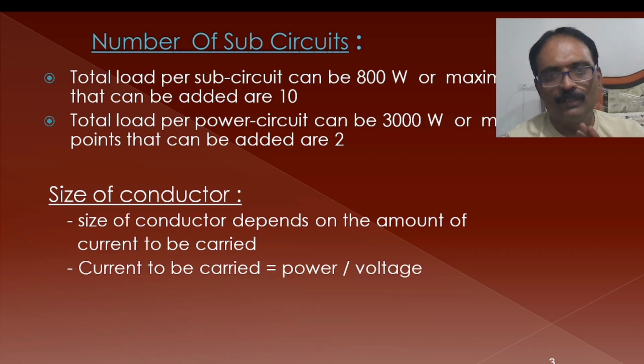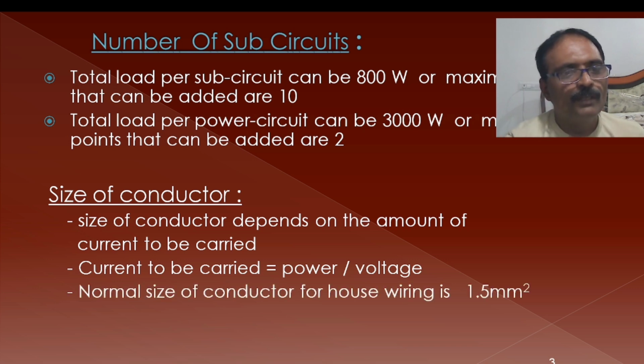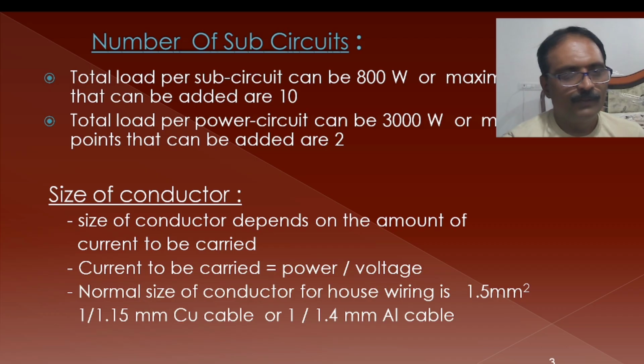So total power divided by the voltage will give you the current carried by the conductor, and depending upon the current capacity the size will be calculated. The normal size of the conductor for house wiring is 1.5 square mm. This is the general specification of the cable.